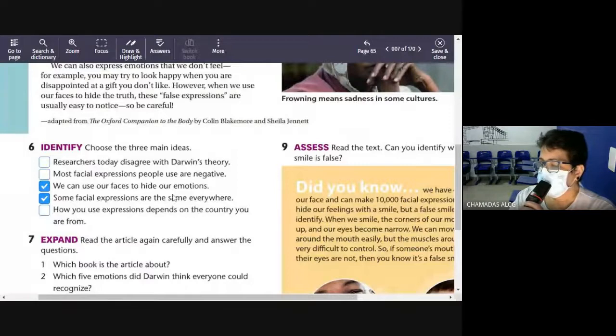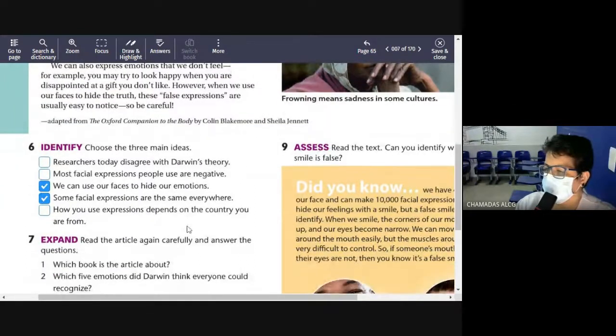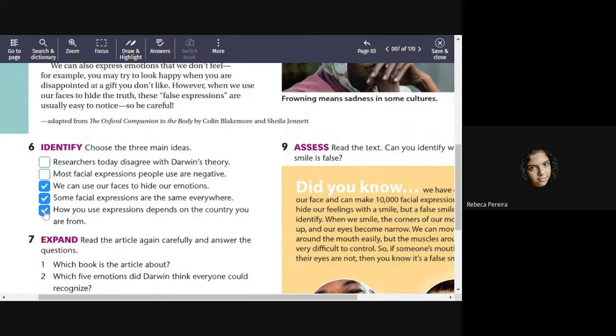What else? What do you think, guys? How you use expressions depends on the country you are from. Okay. All right. Thank you.